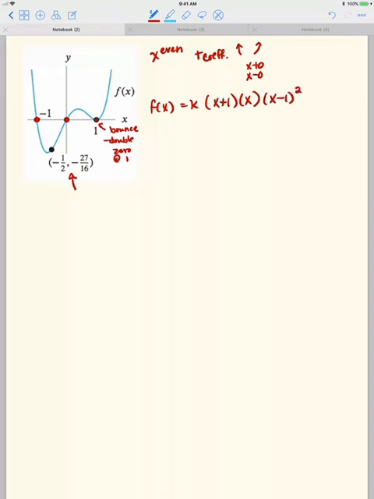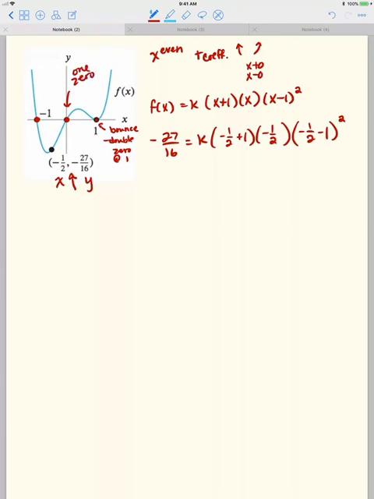And then we'll use our point, x equals -1/2, y equals -27/16, to come up with our constant. So -1/2 plus 1 times -1/2 times -1/2 minus 1 squared. And again, that's just a crossing here, a single 0. It didn't do any flattening out, so we don't count it more than once.